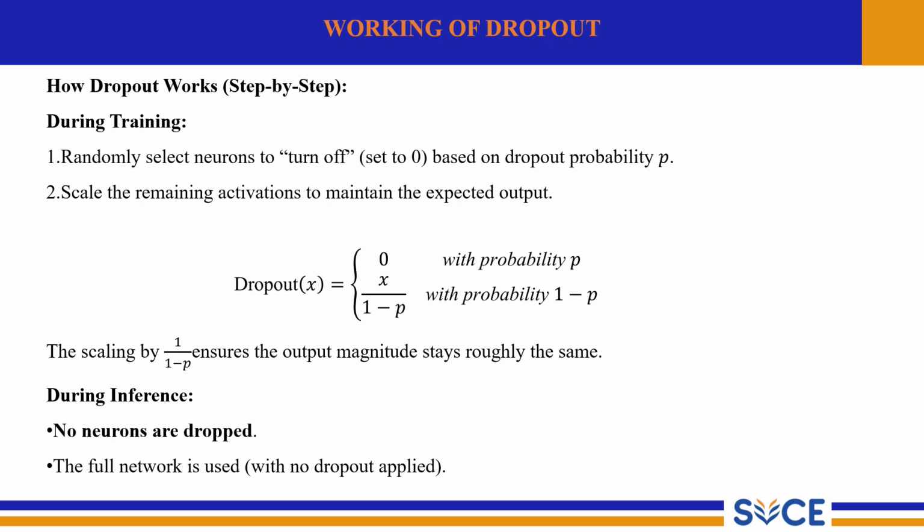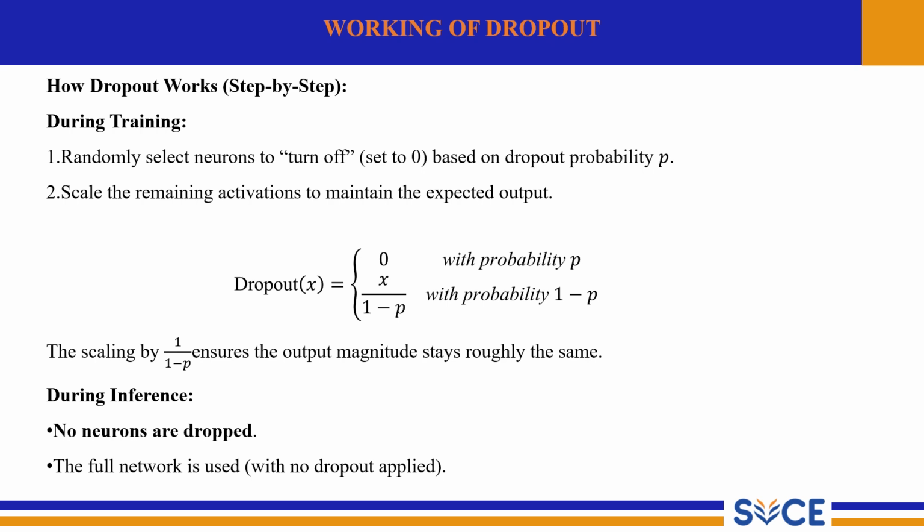Mathematical rule: for an activation x, dropout produces x scaled by 1 over 1 minus p, which ensures the output magnitude remains roughly the same across training steps.